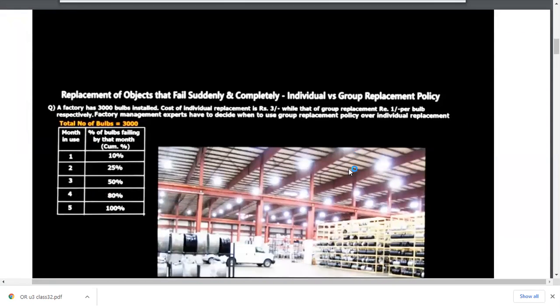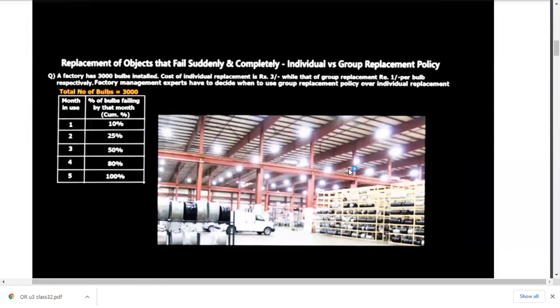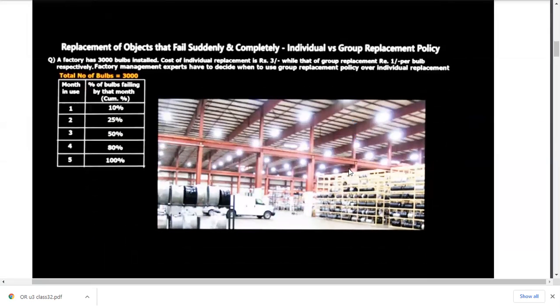Replacement of objects that fail suddenly and completely, individual versus group replacement. This is the problem we are going to solve first. What is the problem given? A factory has 3000 bulbs installed. Cost of individual replacement is 3 rupees. The factory has 3000 bulbs, and we want to replace each bulb if it fails completely and suddenly.